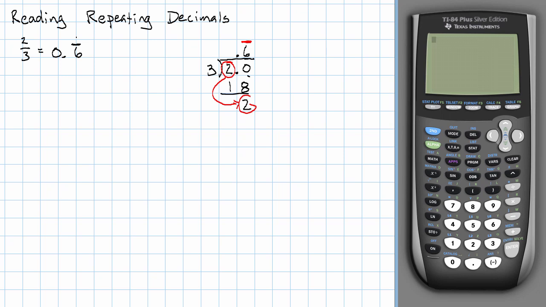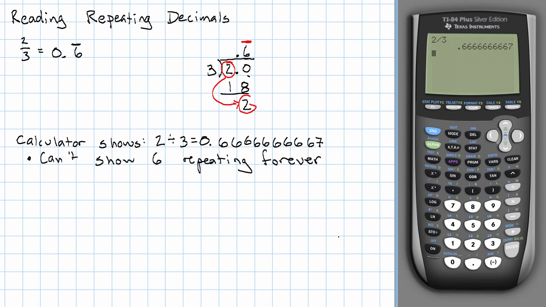If we enter that on the calculator, we see the calculator show us a bunch of 6's followed by a 7. Of course, the calculator can't show the digit 6 repeating forever, because the screen only has space for so many digits. Where does that 7 come from? The 7 comes from the fact that the calculator rounds the last digit.